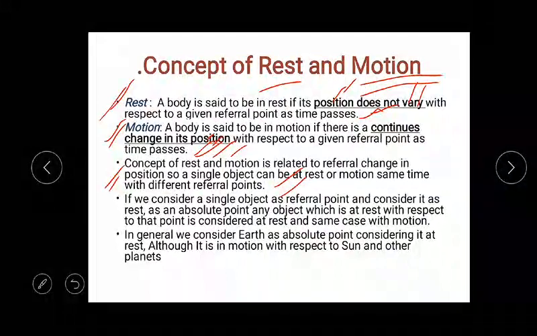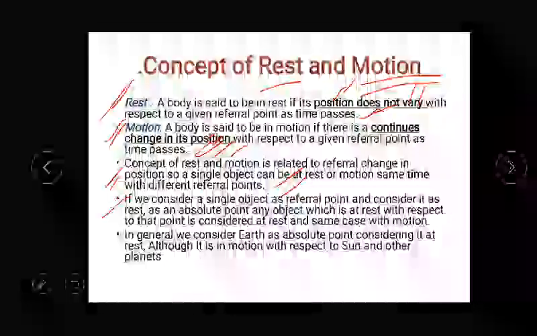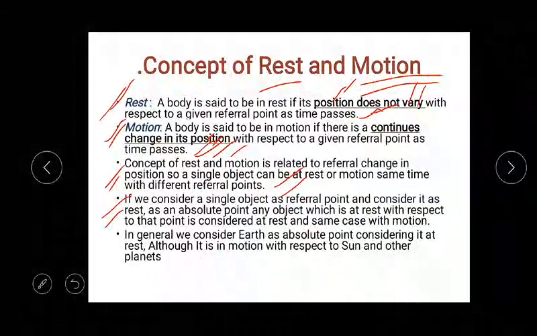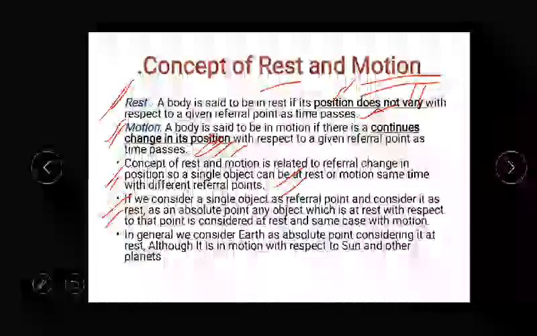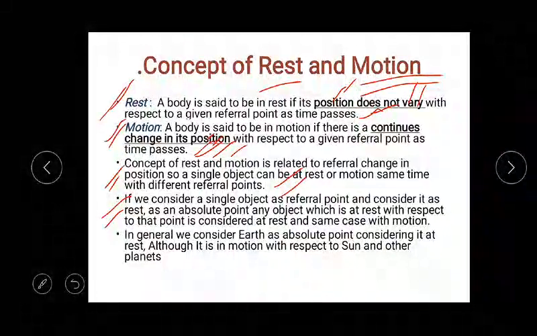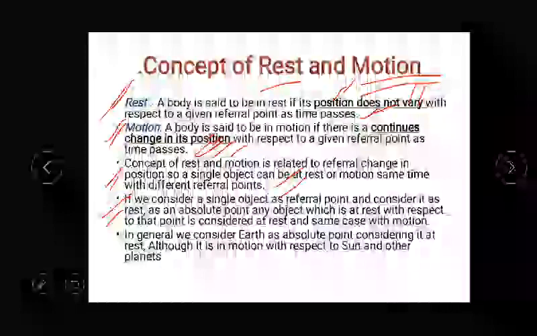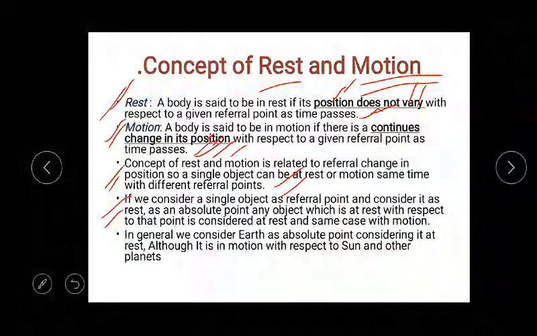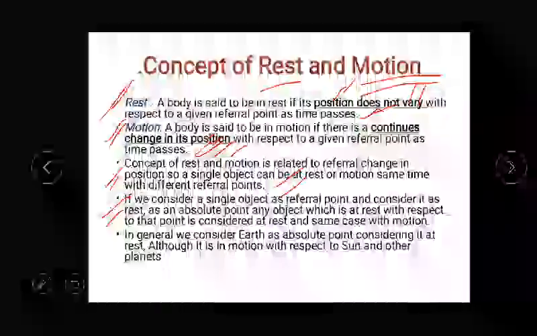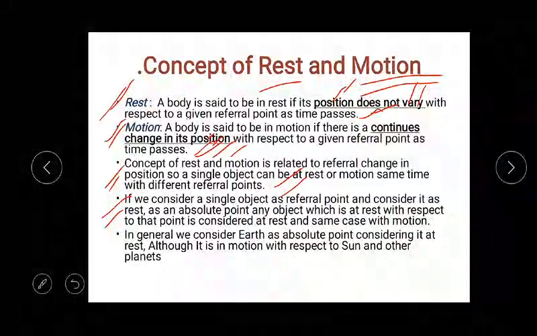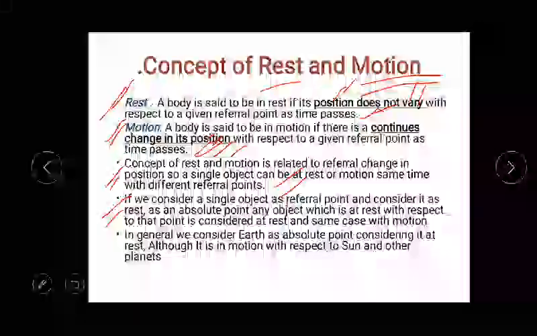And if we consider a single object as a referral point and consider it to be at rest as an absolute, then any object which is at rest with respect to that point is considered at rest, and the same case with motion.